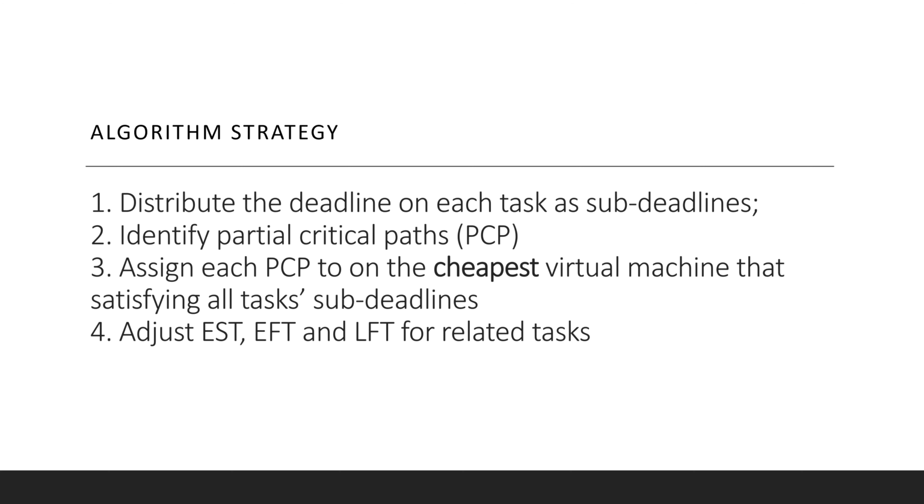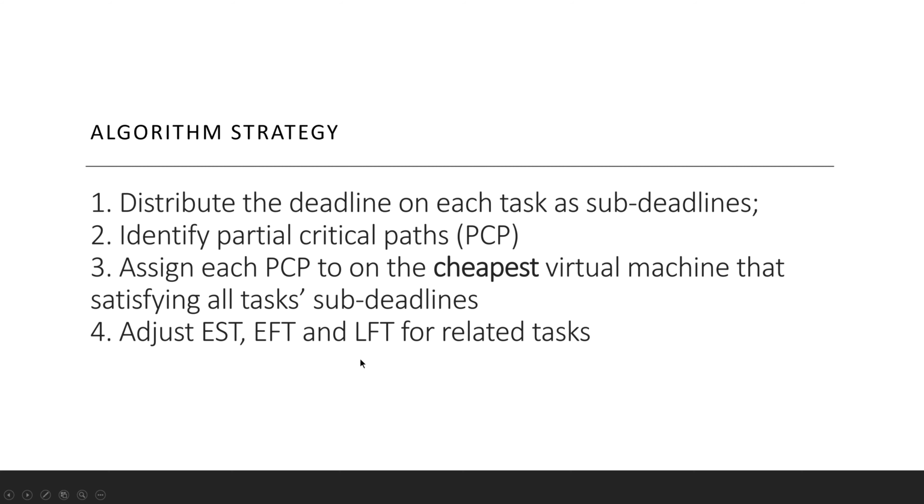Firstly, it tries to distribute the deadline on each task as sub-deadlines, and then it will identify the partial critical path, also called the PCP, and assign the PCP to the cheapest virtual machine that satisfies all task sub-deadlines, so that we can make sure every task meets its deadline, and then the overall workflow meets its deadline as well.